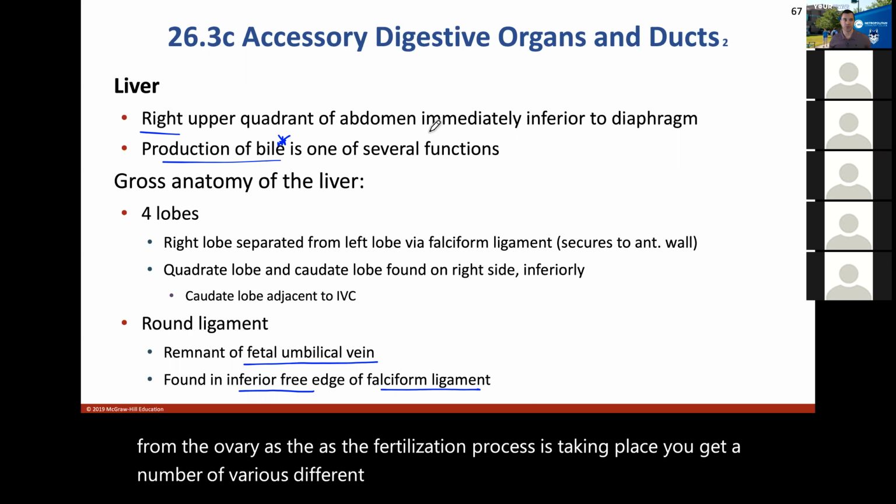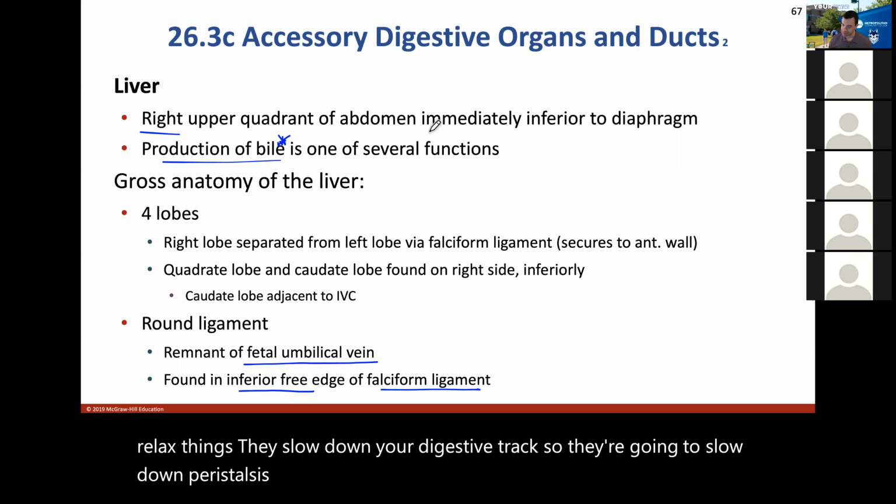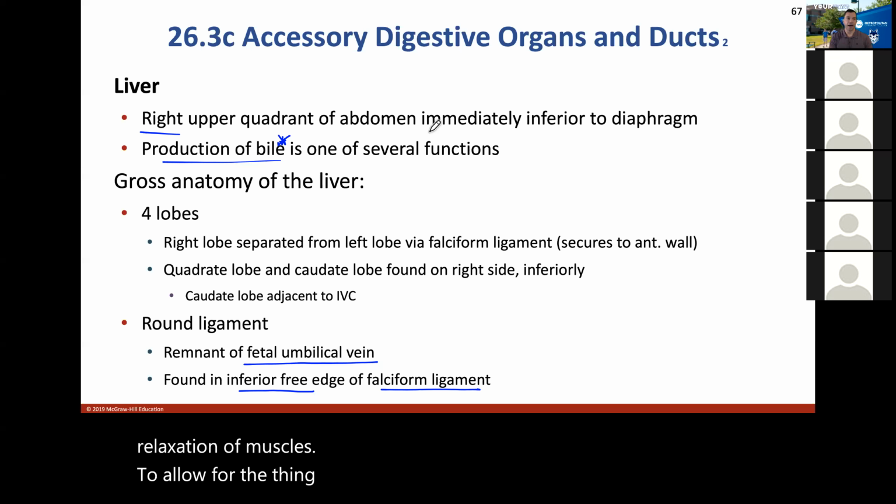These all help to slow down and relax things. They slow down your digestive tract. So they're going to slow down peristalsis in the small and in the large intestine. They are going to cause relaxation of muscles to allow for the thing to expand.